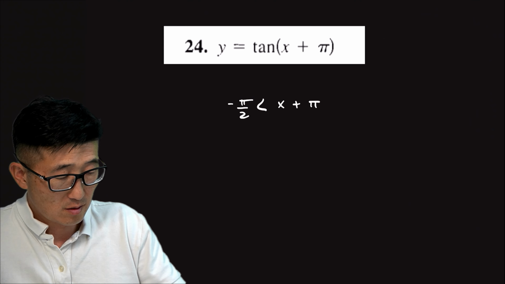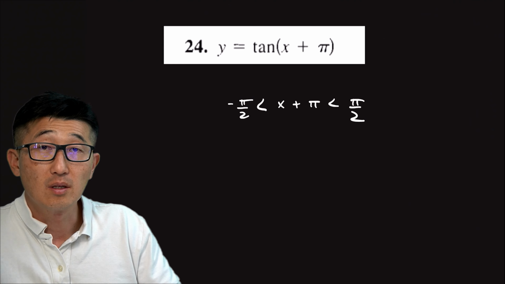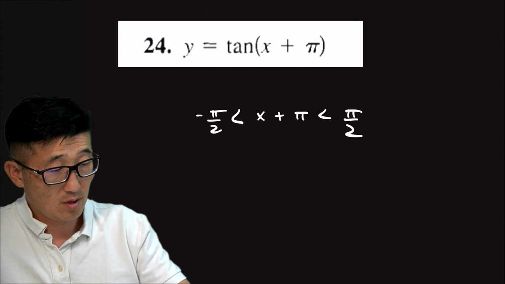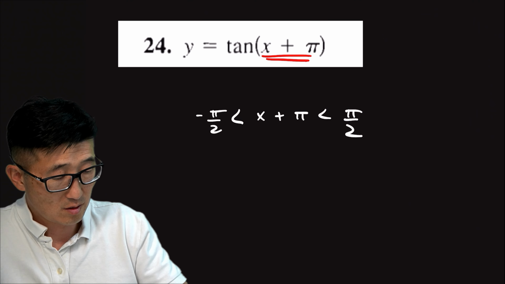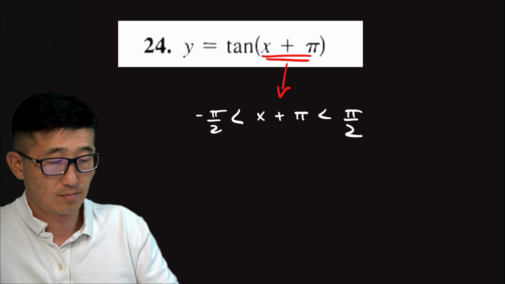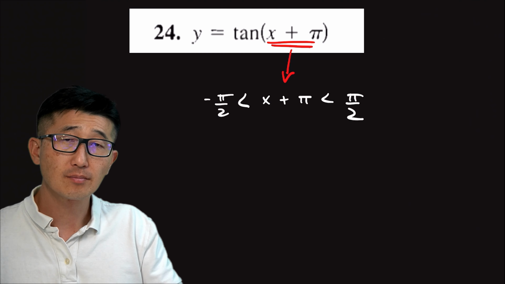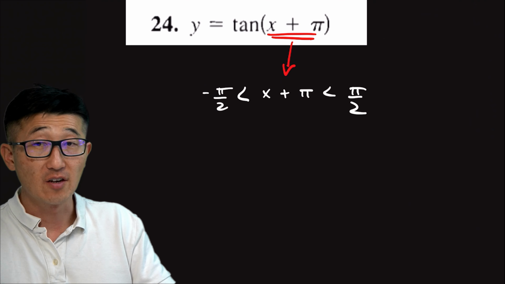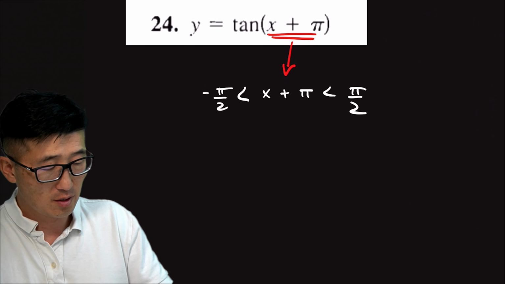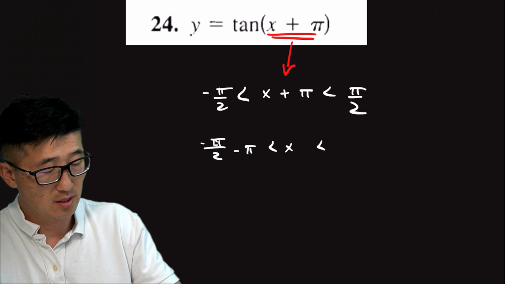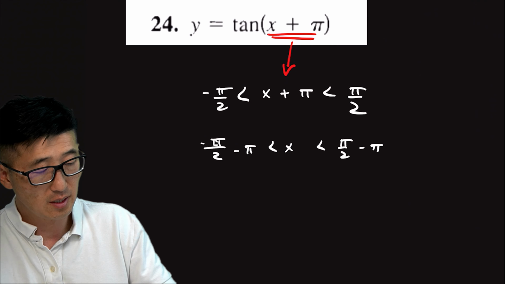The equation, the y equals... No, I mean the asymptotes. Okay, so negative pi over 2 is x plus pi over 2. And then you need to subtract negative pi, right? Negative pi over 2 minus pi less than x less than pi over 2 minus pi.